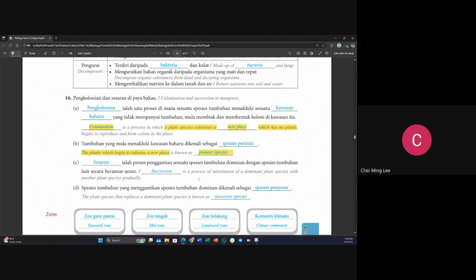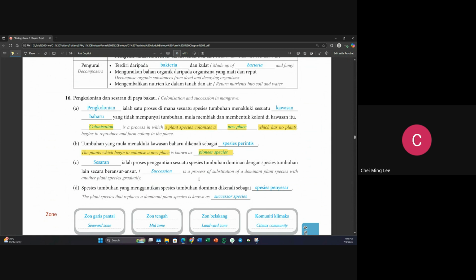So what happens when more and more sand and soil comes in? Will the mangrove remain as mangrove? It will start to become flattened, and the altitude will become higher and higher. I mean the distance from the sea level will become higher and higher, because the more the tree grabs, right?